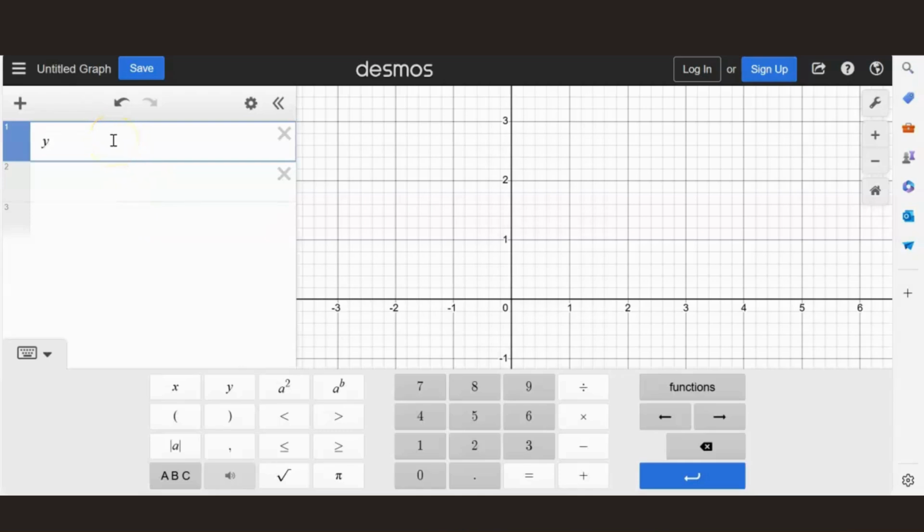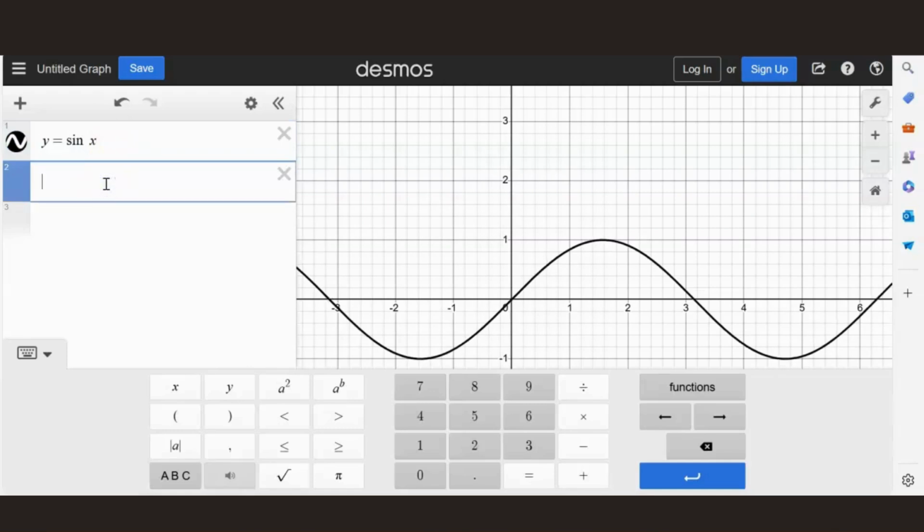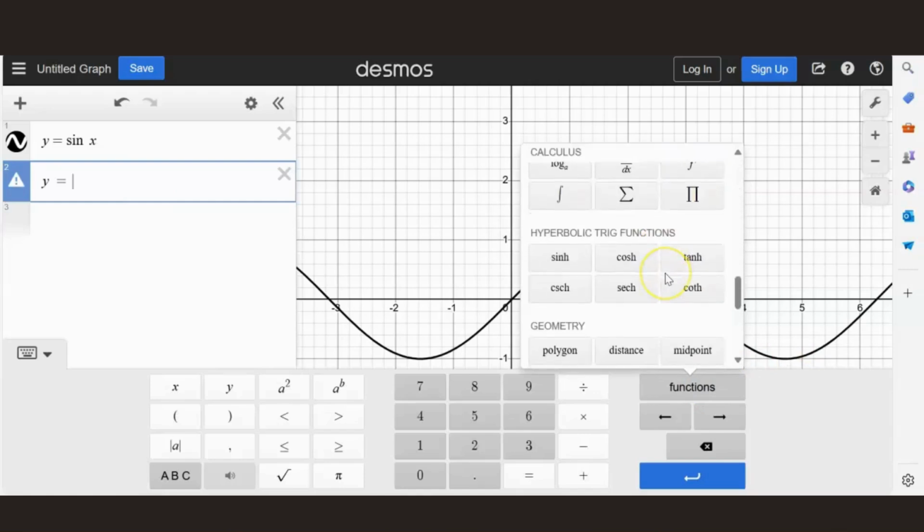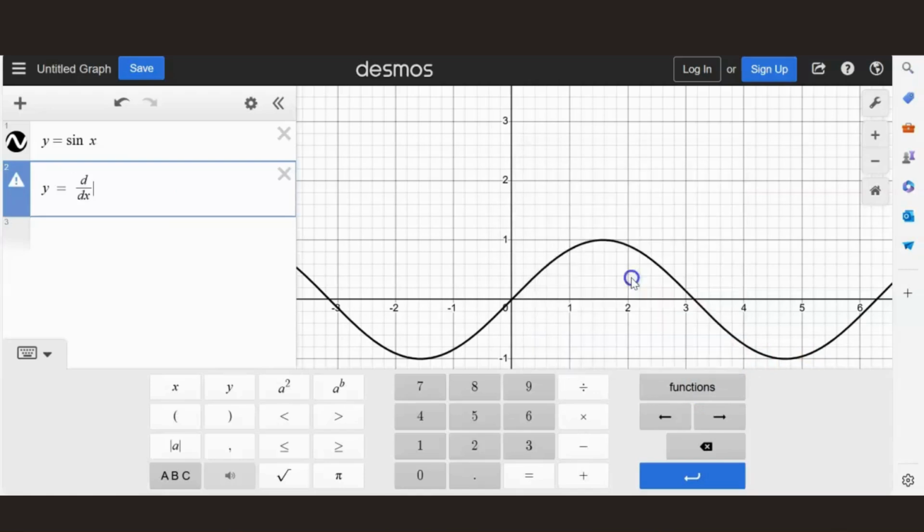Let's start out with the sine. Let's say we had y equals sine x, and let's graph the derivative of the sine. So y equals derivative, calculus, derivative, and then let's put in sine x.